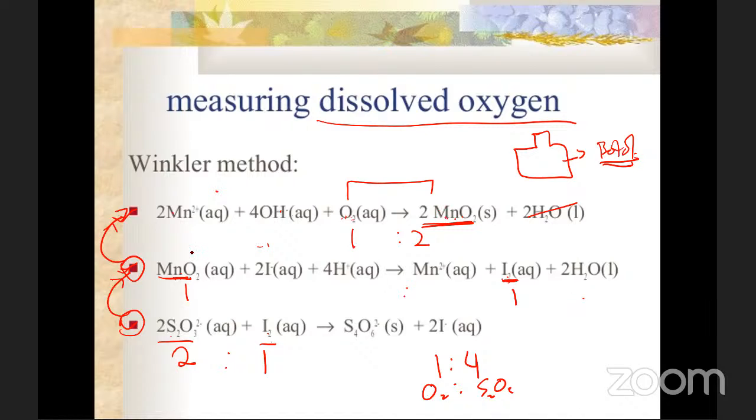So it means the 2 ratio here, when we compare or correlate it, actually it is 4 thiosulfate and then oxygen is 1 mole. This 2.